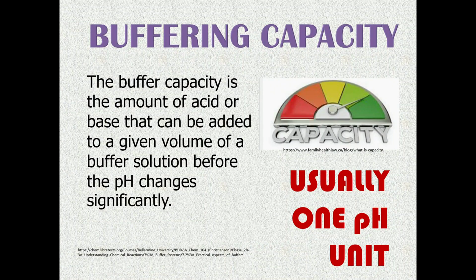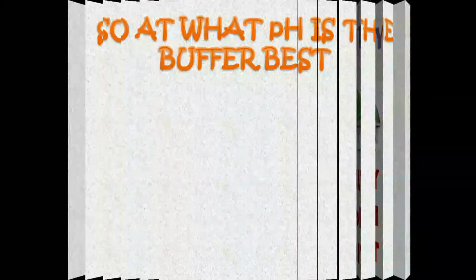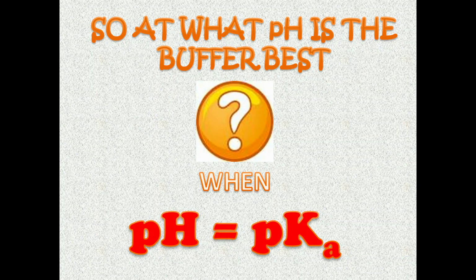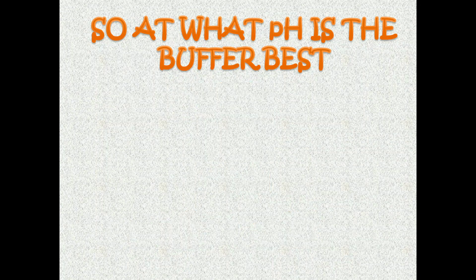Buffering capacity is how much can you add before you mess things up. So, best pH, equal amounts of base and acid, where the pH is equal to pKa. That gives me the best buffering capability, the best buffering capacity.